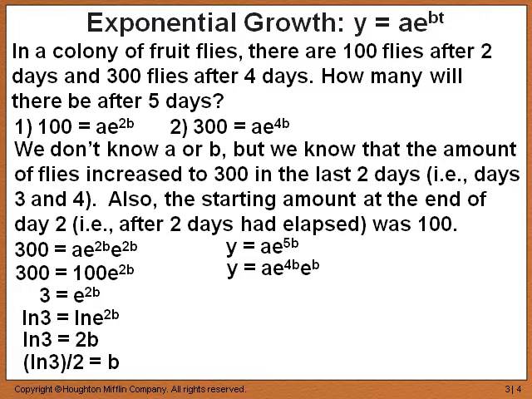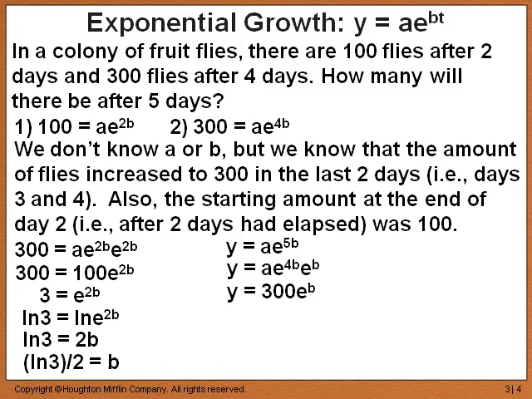We can rewrite it as y equals ae to the 4b times e to the b. Again, we have to add the exponents, so we can see that it's really the same. It's just e to the 5b, because 4b plus b is 5b. And once we have it written this way, you're going to notice something familiar from equation 2 above. Equation 2, 300 equals ae to the 4b.